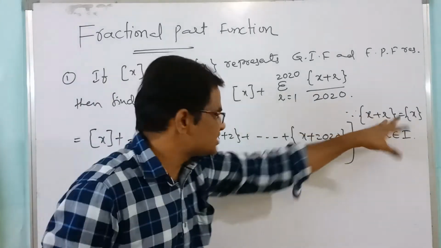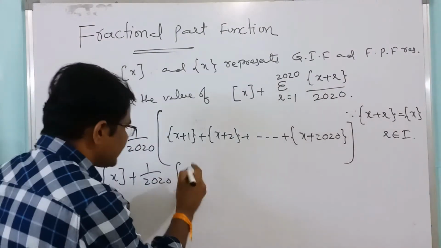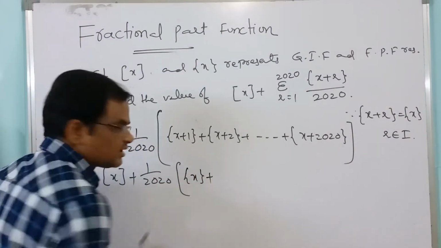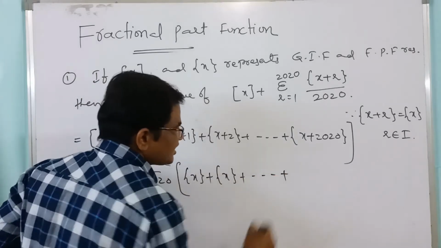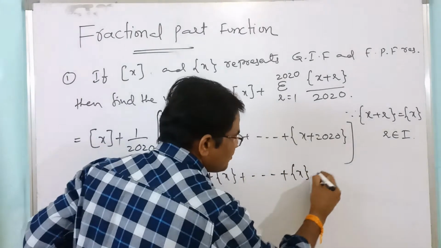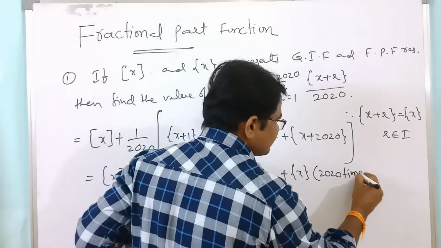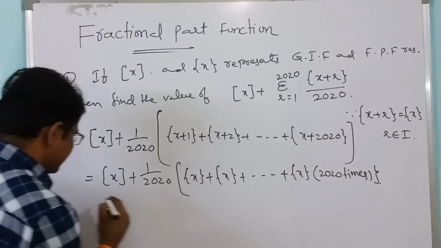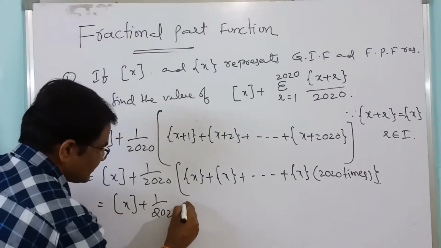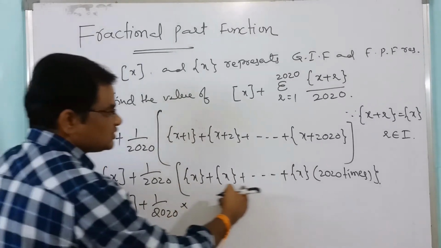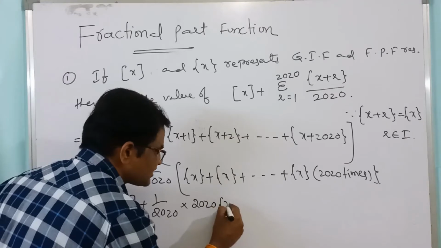By this condition, since 1, 2, up to 2020 are integers, we write each term as the fractional part of x, plus the fractional part of x, and so on, 2020 times. Now that can be written as [x] plus 1 by 2020 into 2020 into the fractional part of x. The 2020 gets cancelled. What is remaining? [x] plus the fractional part of x.